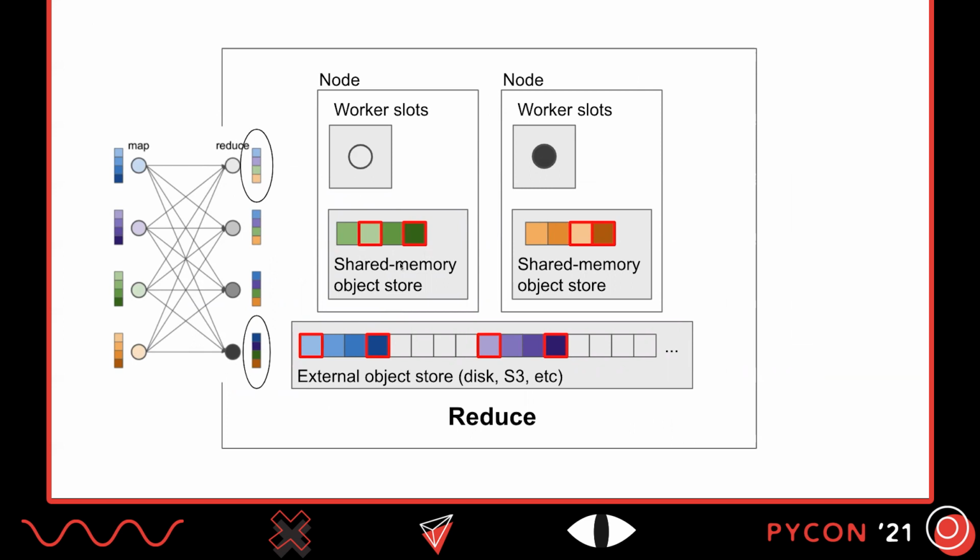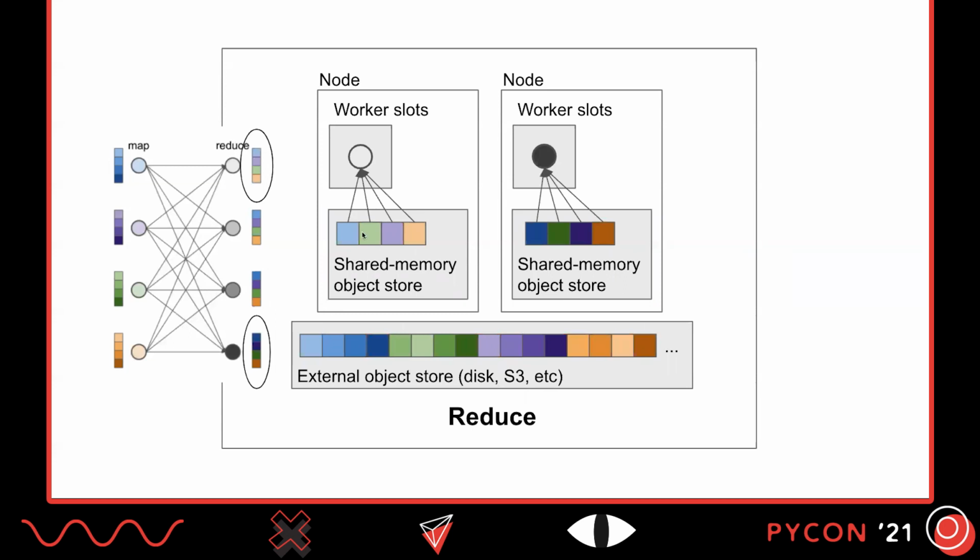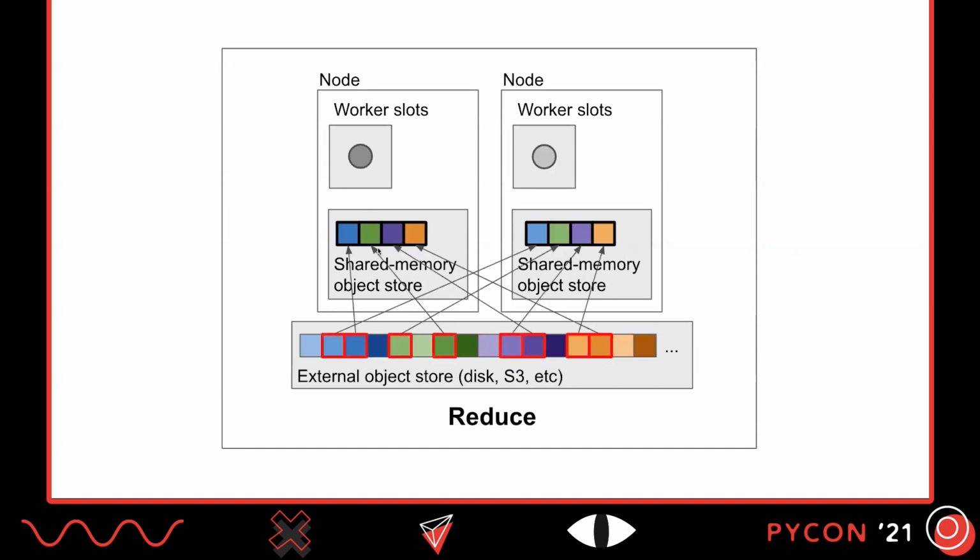So Ray smartly chooses which objects are not needed anymore from the shared memory object store, and it spills them to the disk first. And now in the empty slot, it basically restores the objects properly, so that you can actually schedule tasks whose objects are in the external storage. So you realize all of the objects are already here, and it basically repeats until every task is done.